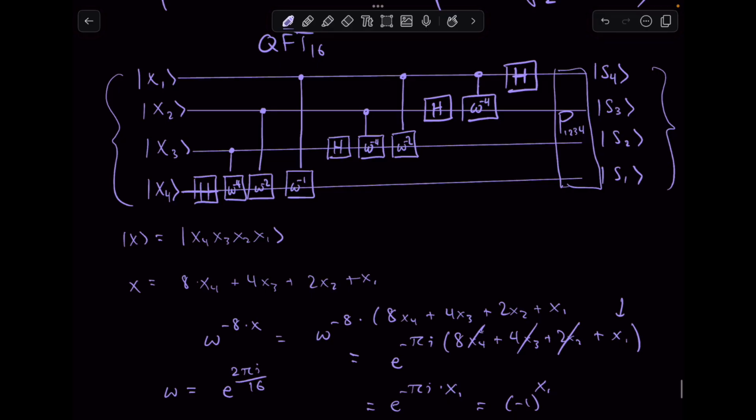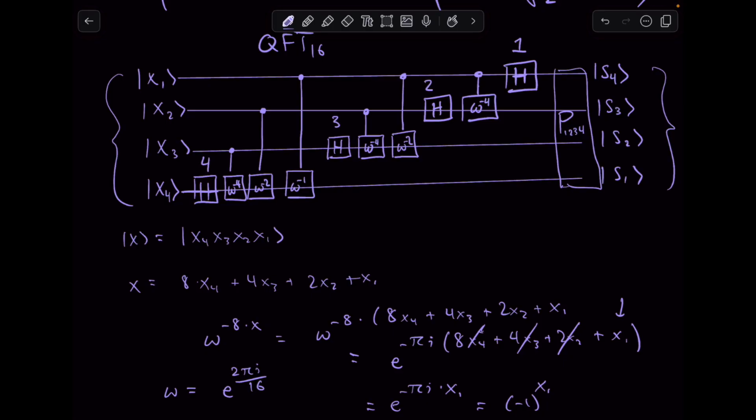And let's quickly count the number of gates that we use in terms of n, the number of qubits, just to verify that we did it in less than n squared gates. So ignoring this permutation gate, for the first qubit, we only have one gate acting on that qubit where it's not the control for a different gate. So that's 1 for the first qubit. And then for the second qubit, it's 2. For the third, it's 3.